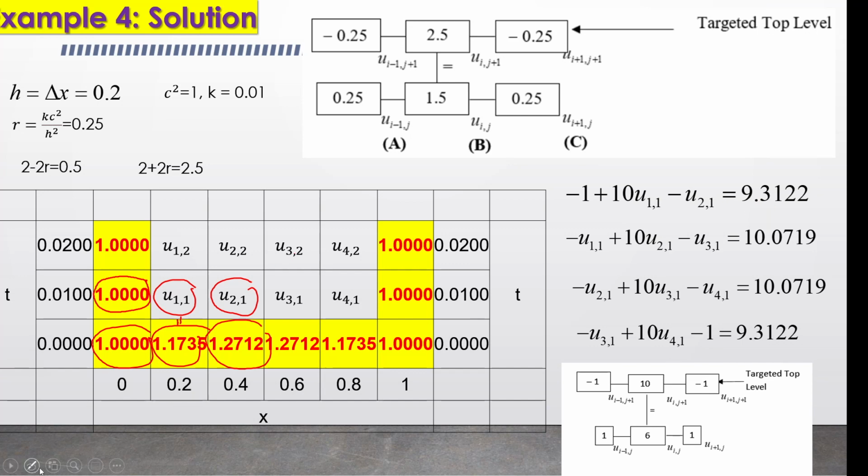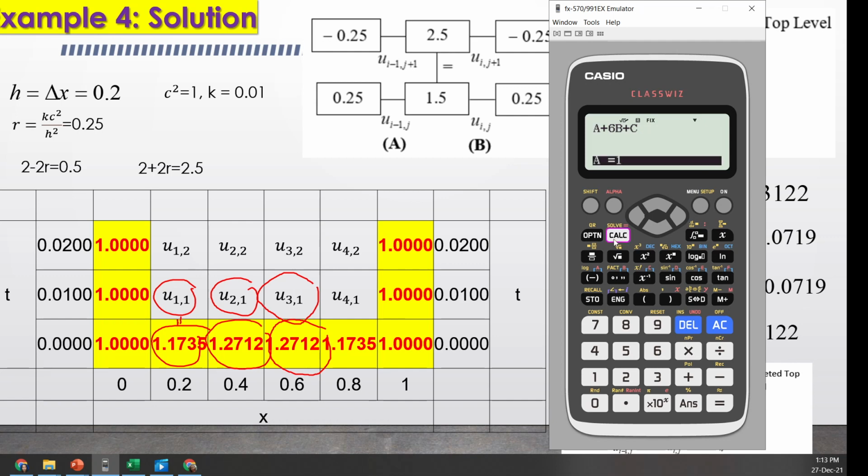So you get 9.3122. Then you repeat, meaning you move one column to the right. So on the left side you have negative u11 plus 10 u21 minus u31. Use back the formula just now: A plus 6B plus C. Calculate again.